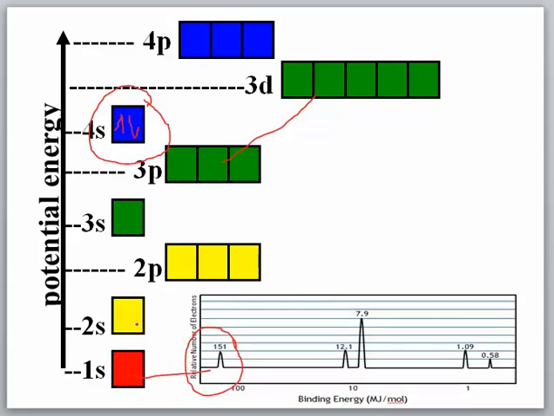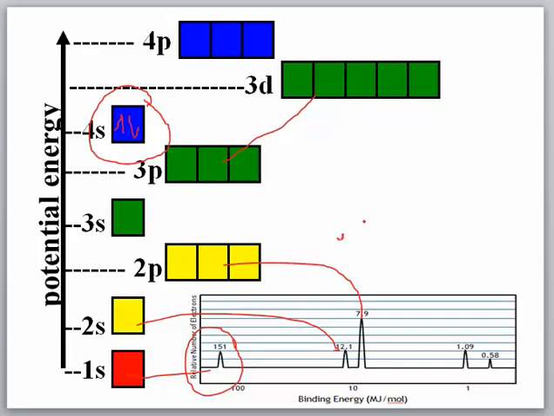There's your first energy level with its 2 electrons. Further from the nucleus is your second. Further away and held less tightly, higher in potential energy, but lower in binding energy. So further from the nucleus, remember, there's your peak. That means that your binding energy, you're held to the nucleus less tightly, but you do have greater potential energy.